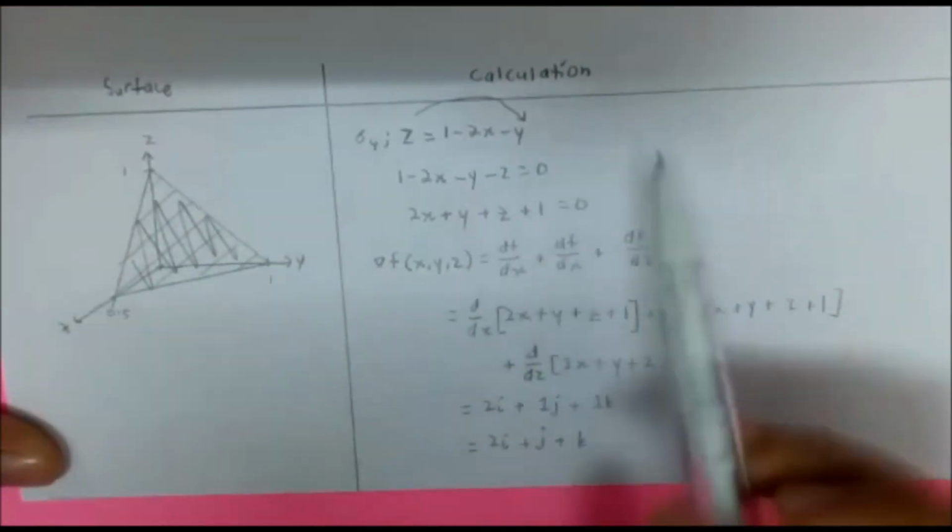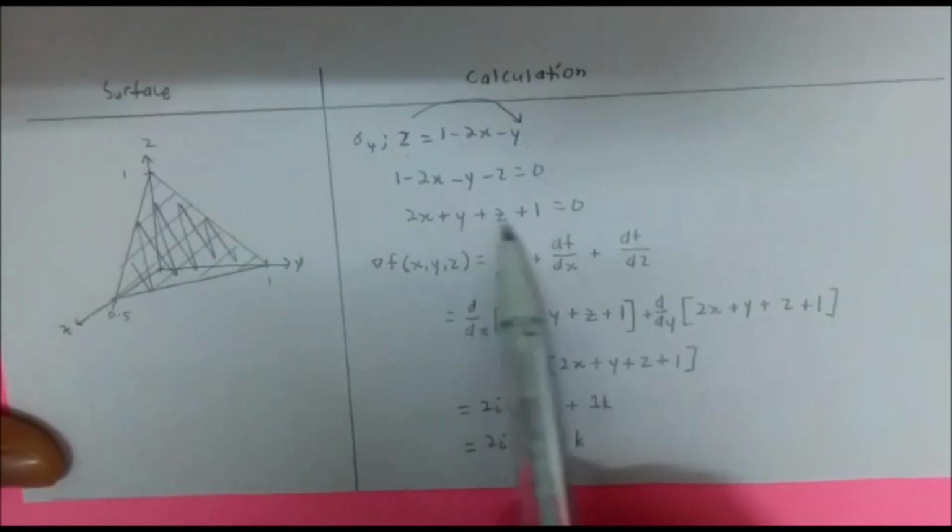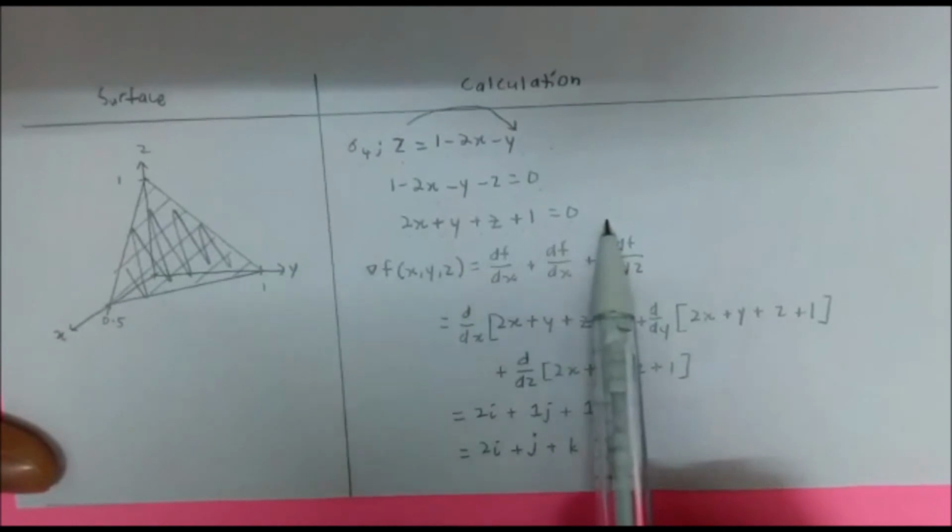And the last plane is the bigger plane. So we know that for the last plane, the fourth plane, z equals 1 minus 2x minus y, and we move z to this side and set it equal to 0. So it becomes 2x plus y plus z minus 1 equals 0.